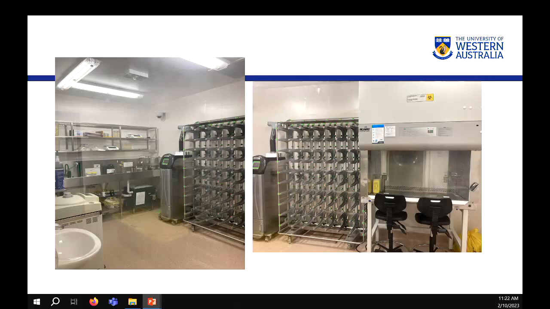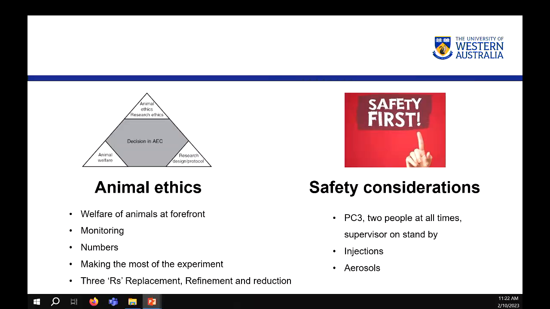So you have this special rack where each cage goes in, and each cage gets its own air supply, so everything is enclosed. You take the cage out of the rack, put it in the cabinet, and do all your manipulations in the cabinet. So you have to be very careful of how you do the experiments.